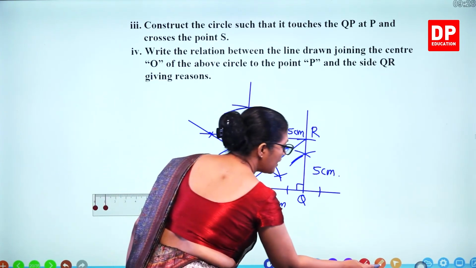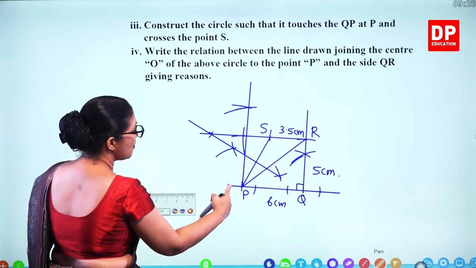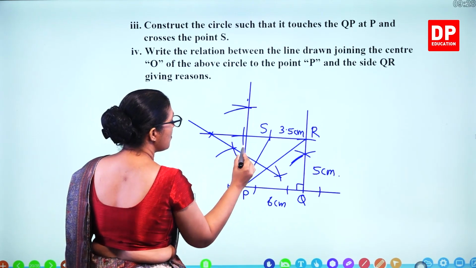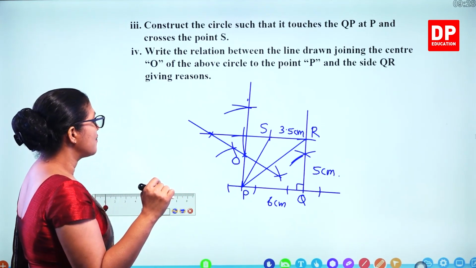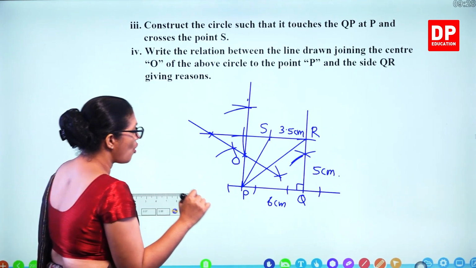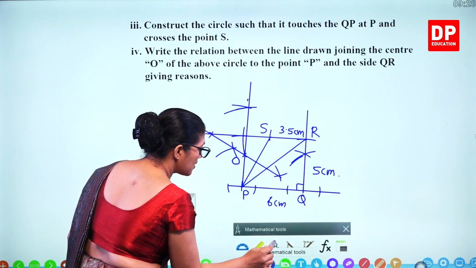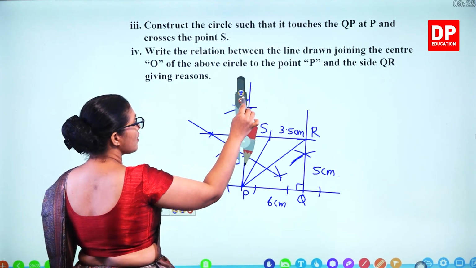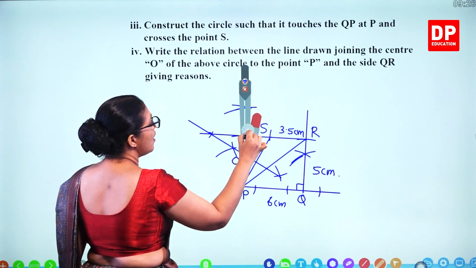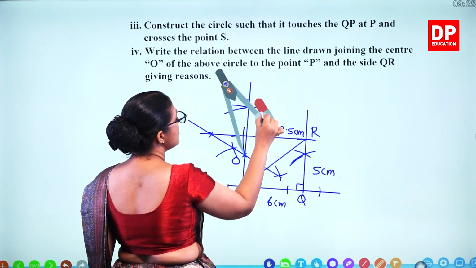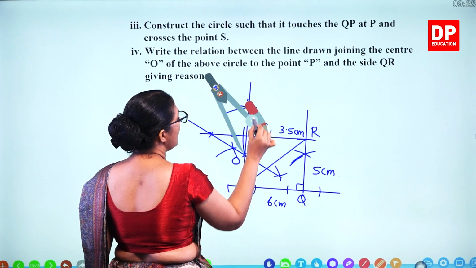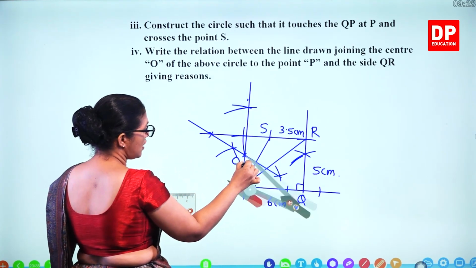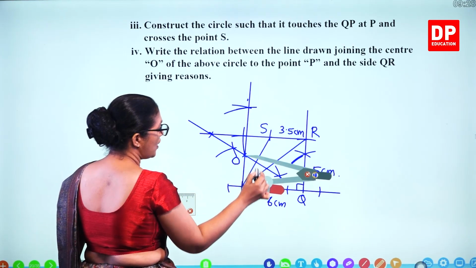Now we can get the center. This is the perpendicular line and this is the perpendicular. The intersecting point is the center. Now we can draw the circle. So center O and the radius is OS, and it should touch the point P as well.